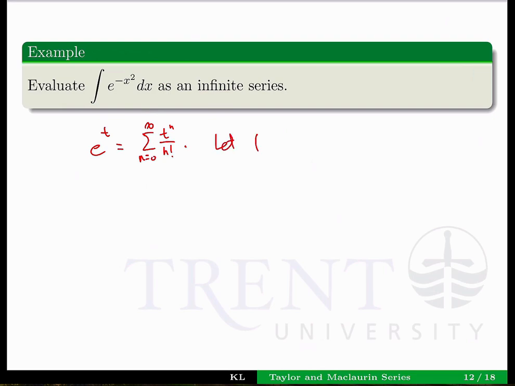So if we let t equal negative x squared, then e to the negative x squared is the sum, n from 0 to plus infinity, of negative x squared to the power n over n factorial.